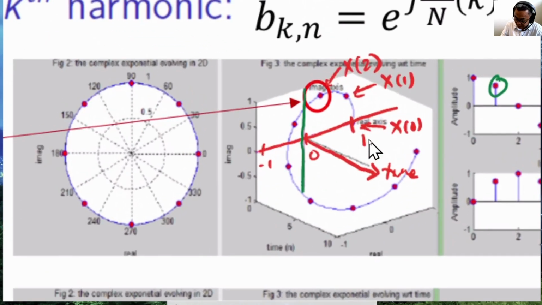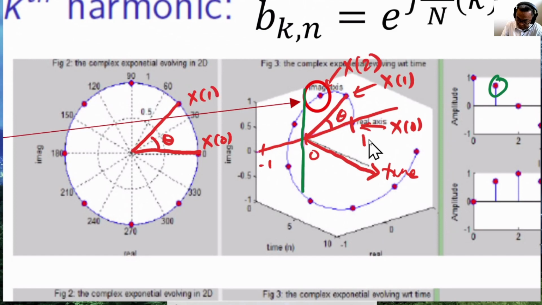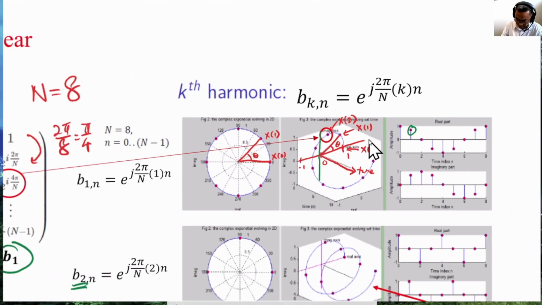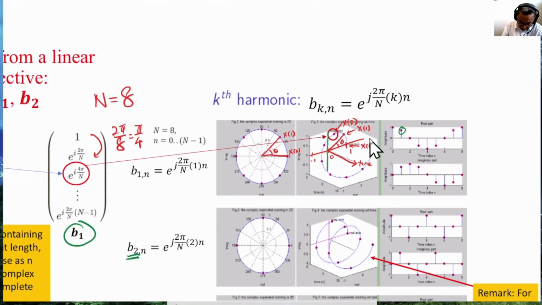So you can see also that this angle here, theta, is 45 degrees. So here, theta, this is x of 0, this is x of 1.